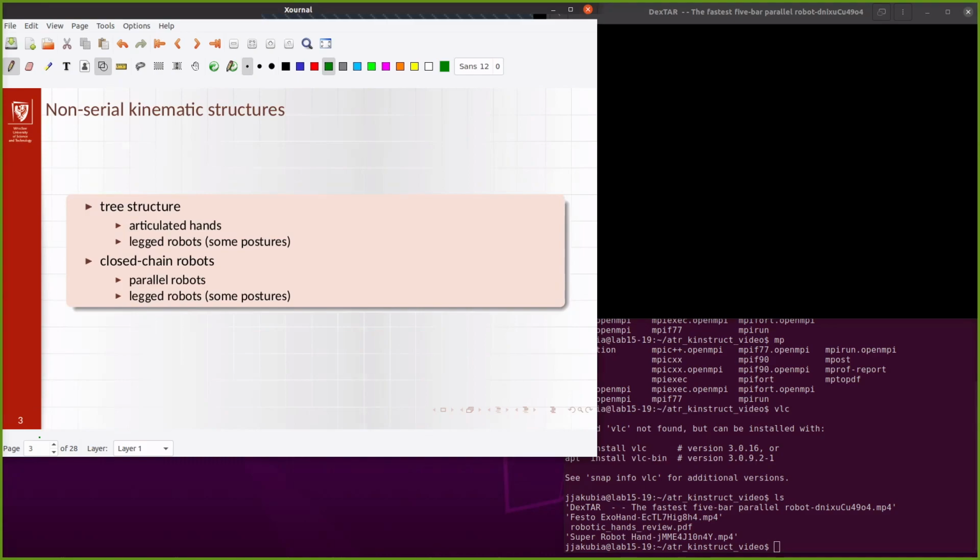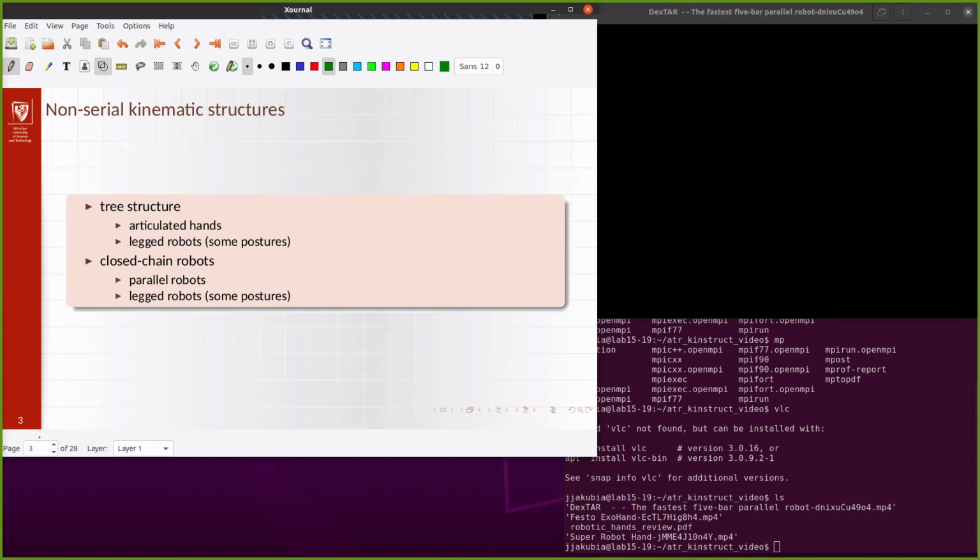What you usually already know are the so-called serial structures. So we have links that start from the base, and one link is connected to the next one, and they just form an ordered serial line. At the end, we have the effector.